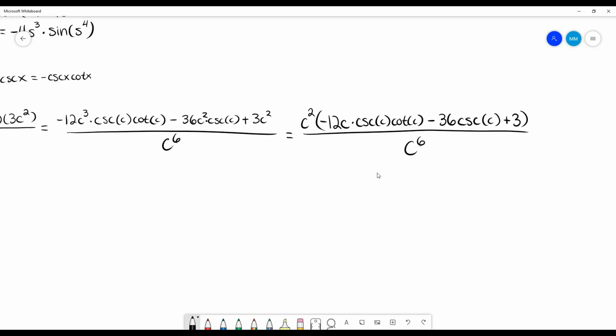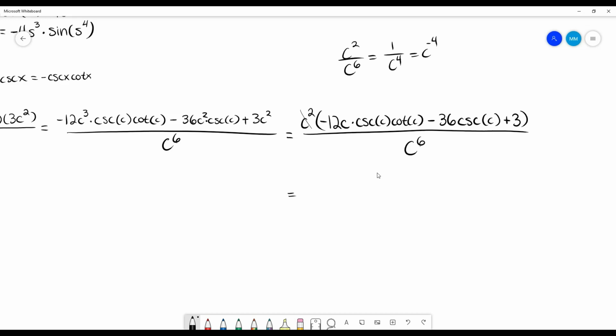That makes it pretty easy because we're multiplying. That means that I can divide these right here, which means I can cancel out the c squared, because c squared divided by c to the 6th is just going to be 1 over c to the 4th, right? Or c to the negative 4th, but we're going to keep it like this.